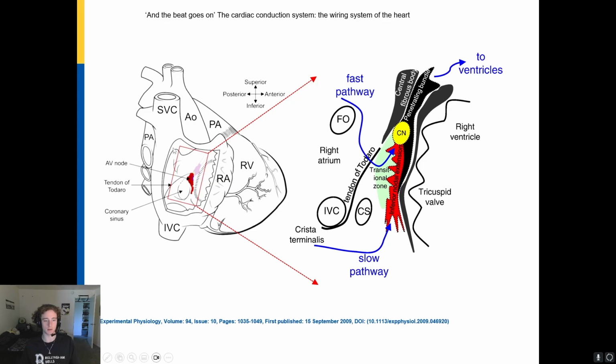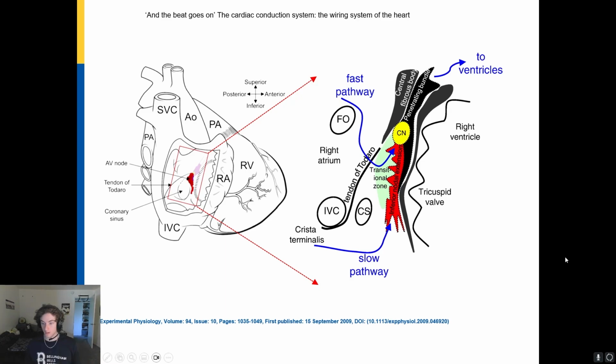Something coming from here to here is going to be a lot faster, going through atrial muscle, than having to go from this area all the way down here, all the way around, and then into this inferior nodal extension, and then to the CN, which means compact node.